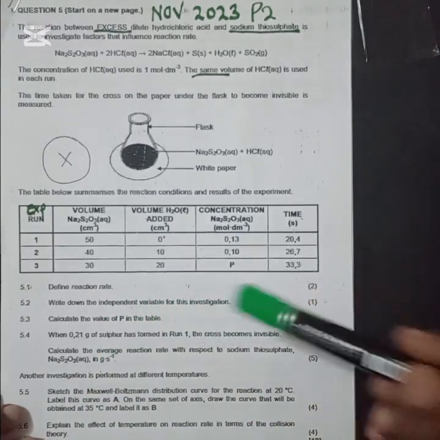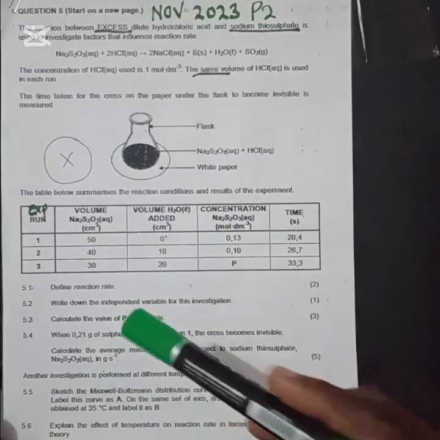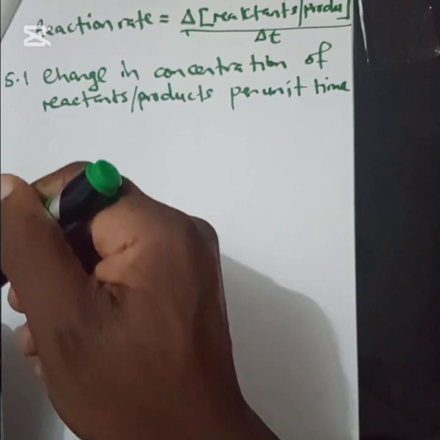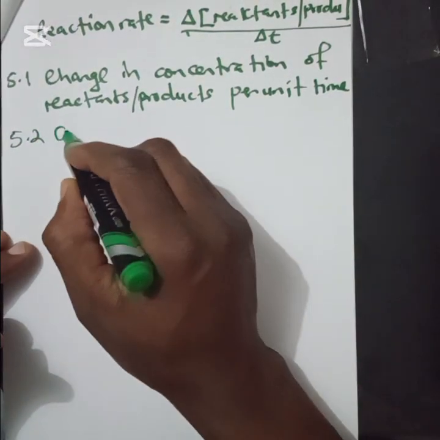So our independent variable there is concentration. 5.2, our answer there is concentration.